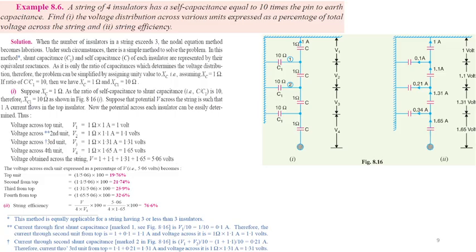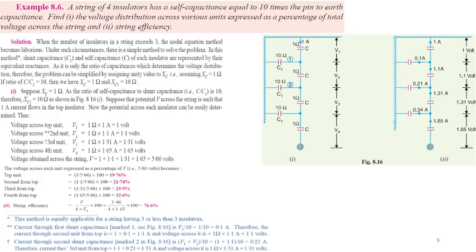This slide also shows the percentage voltage distribution across the insulators. Very easy, you can just write the percentage. So 1 volt over 5.606 volt means that 19.76% of the voltage drops on the top unit, and so on.